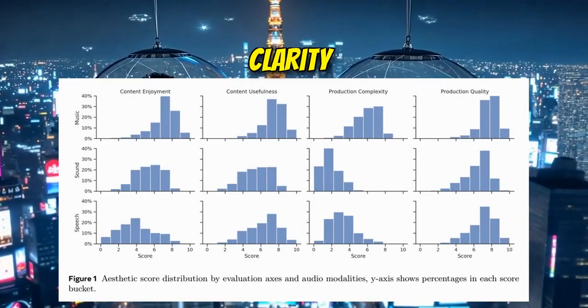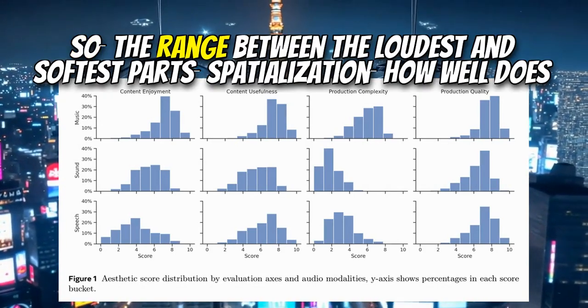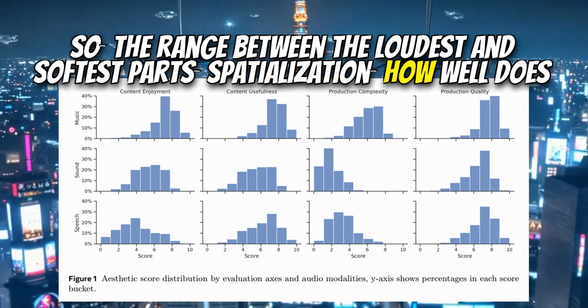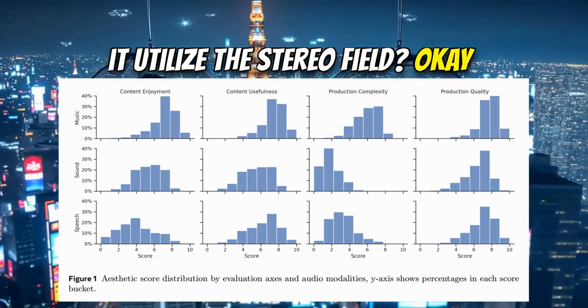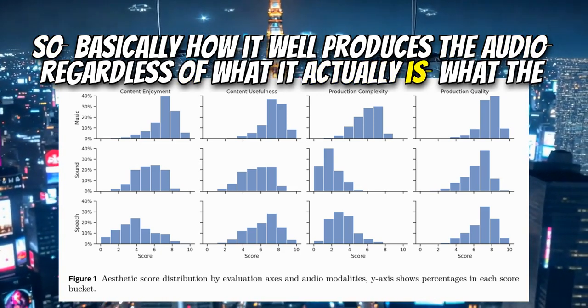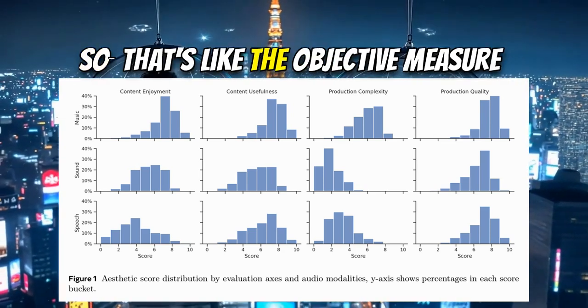Things like clarity. How clear is the audio? Exactly. Dynamics, the range between the loudest and softest parts. Right. Spatialization, how well does it utilize the stereo field? So basically how well produced the audio is, regardless of what the content is or anyone's personal preferences. Got it. So that's like the objective measure.